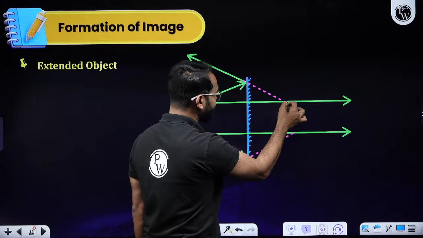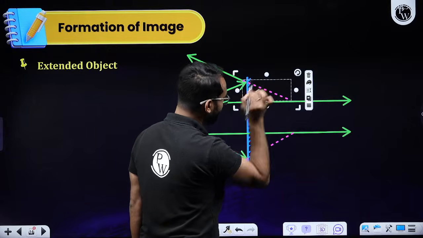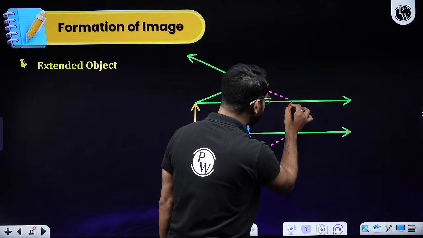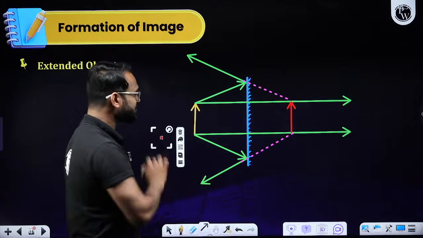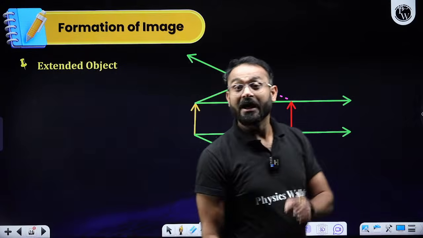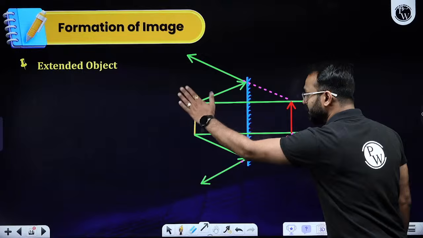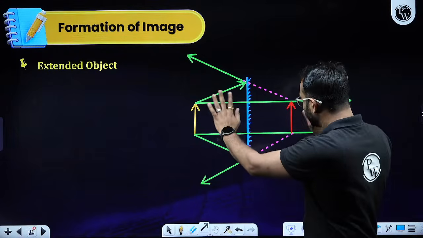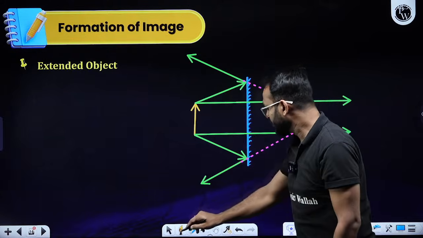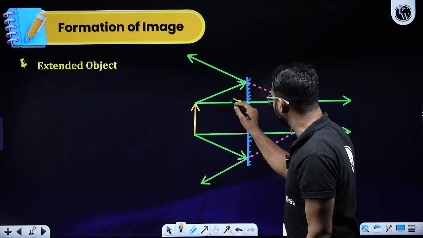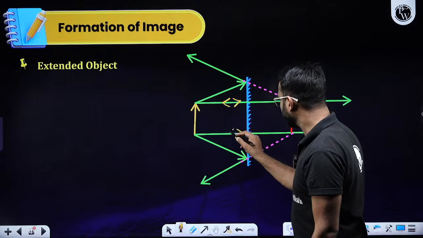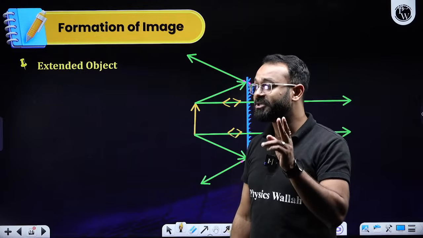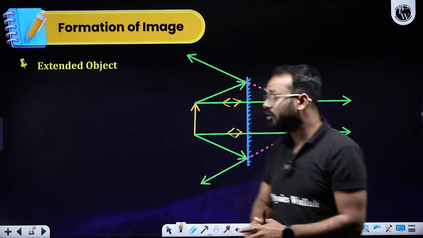Similarly for this point. Now I can see the image is formed at this place. So this is Anant, and this is the image of Anant. This is how you can form the images. So point image, extended image, this is how you would draw the formation of images.